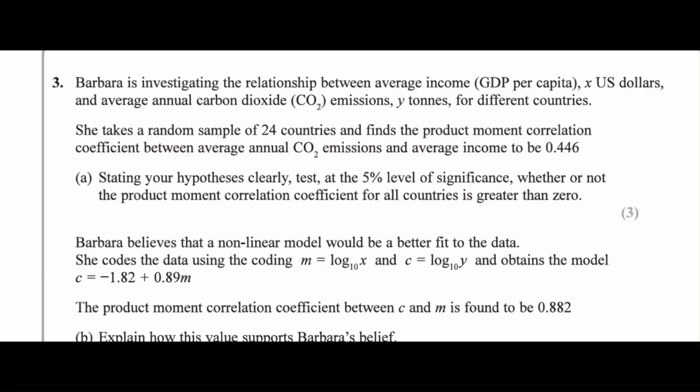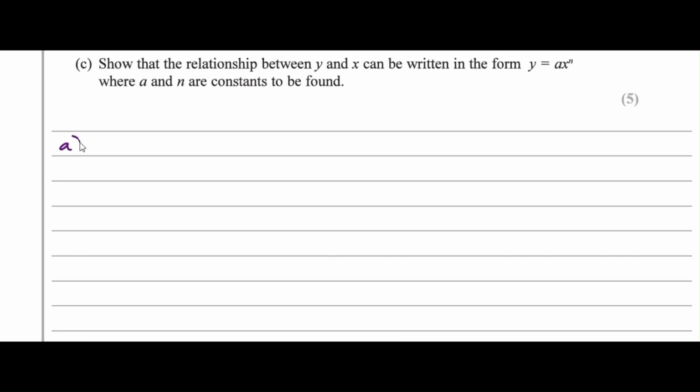So this question is based on hypothesis testing based on product moment correlation coefficient. Testing whether the product moment correlation coefficient is greater than 0 is actually a test to see whether there is a positive correlation. So we will start with saying the null hypothesis that rho is equal to 0, which means there is no correlation, and therefore the alternate hypothesis will be rho is more than 0.